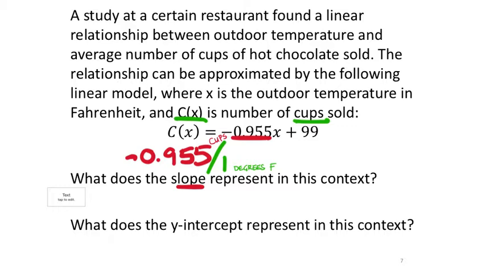So let's go ahead and write this out then. So the slope, what does it represent? The negative, by the way, for our negative 0.955 means that the cups sold will drop. Again, that's addressing the negative part of it. 0.955 for every 1 degree Fahrenheit.